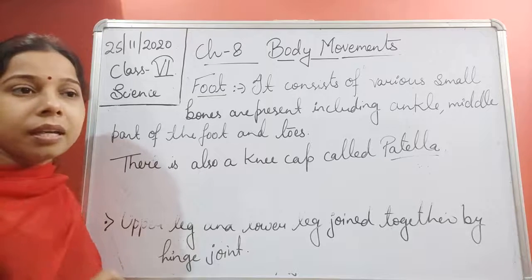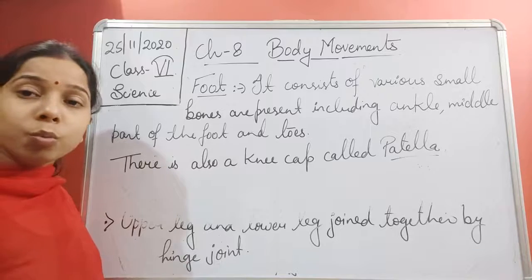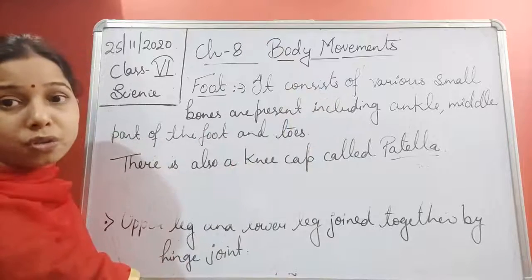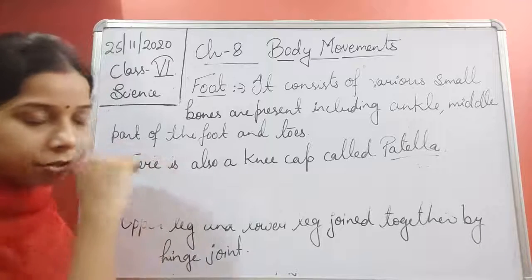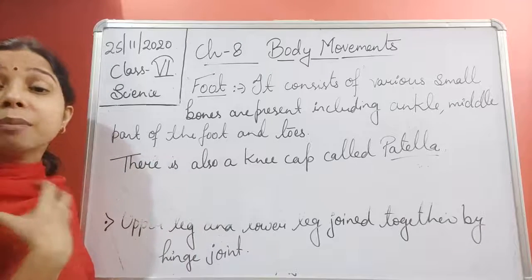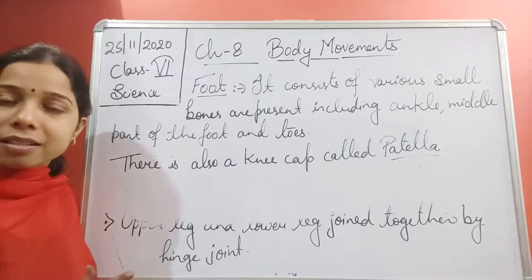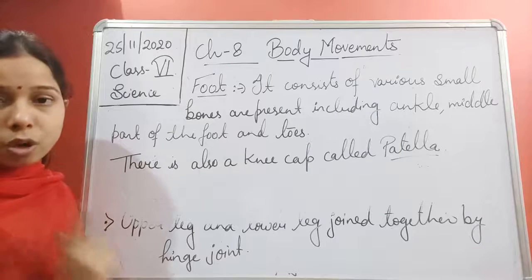Let me tell you one thing: we are able to move it in any direction, and such a joint, in which the part of the body can be moved in any direction, is known as the ball and socket joint.